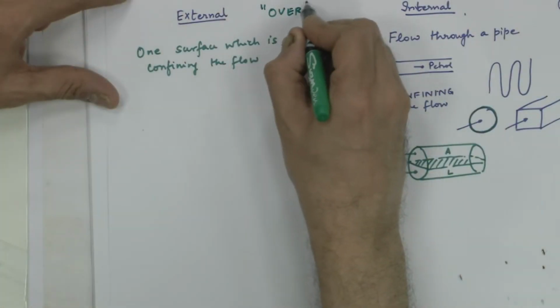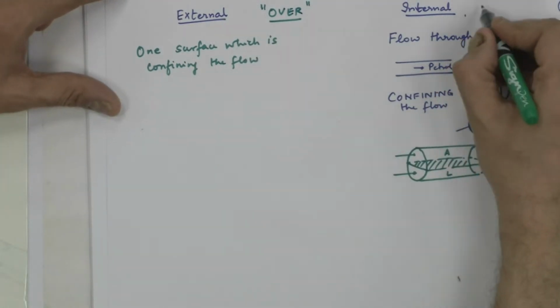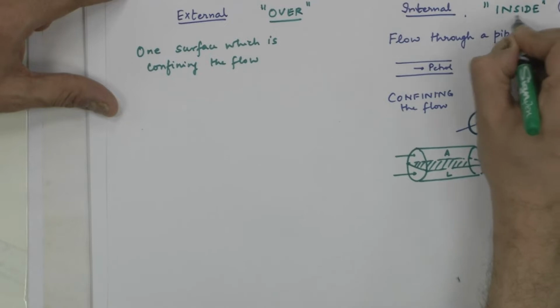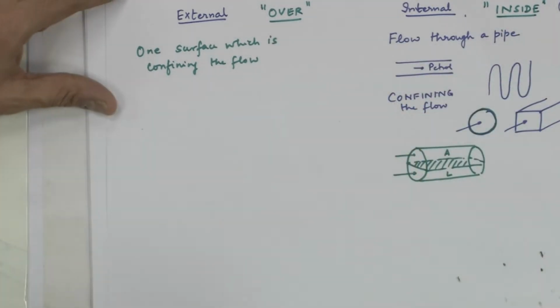So, I have say this table where I am sitting, and I have a fan which is turned on here, and the air blows over this table. That is the classic case of flow of air over. When I use the preposition over a surface, it is essentially external flow. When I use the preposition inside or in, it is a case of internal flow.